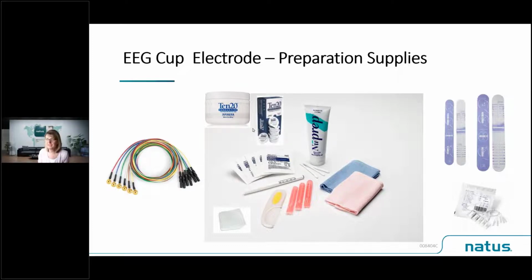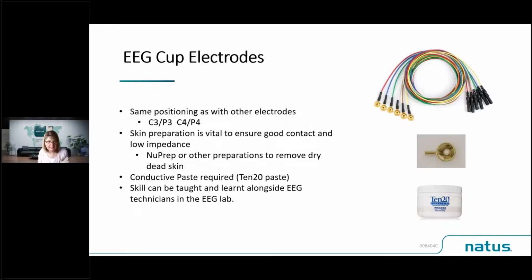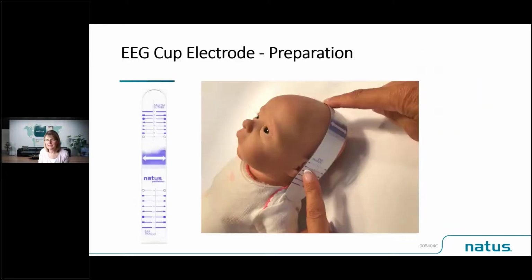So exactly the same positioning as we're using with hydrogels and needles, and the skin preparation is exactly the same as with hydrogels. The main difference with the cup electrodes is that requirement for the conductive paste.